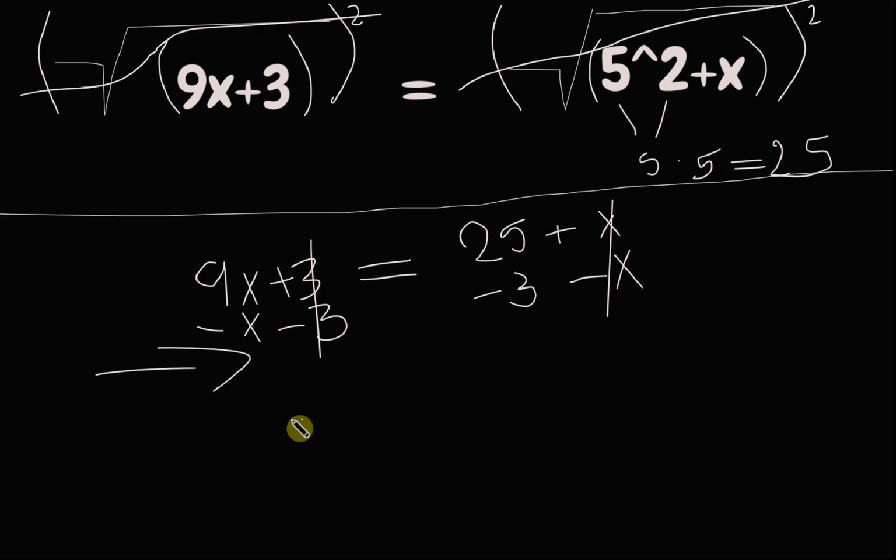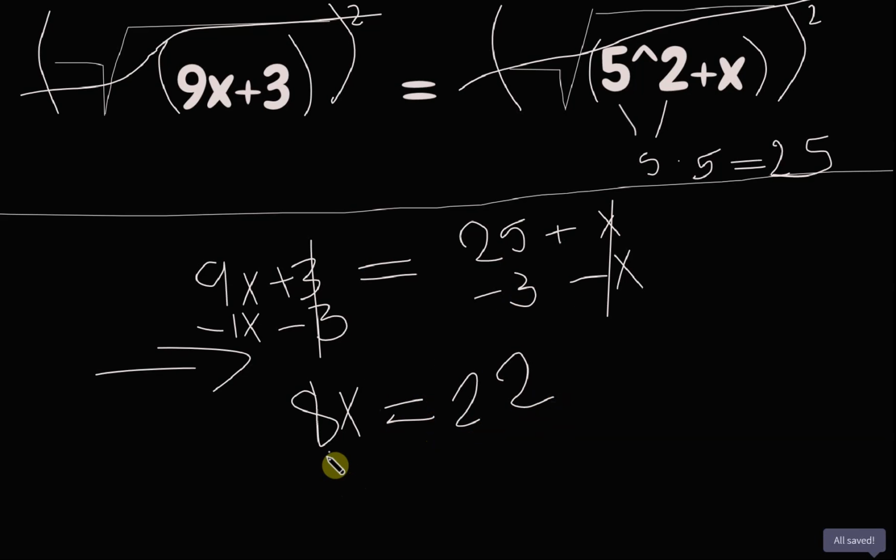And so we can easily say that this is just 8x, because 9x minus x is 8x, you just think of this as 1. Okay, so that gives us 8x is equal to 25 minus 3, 22.